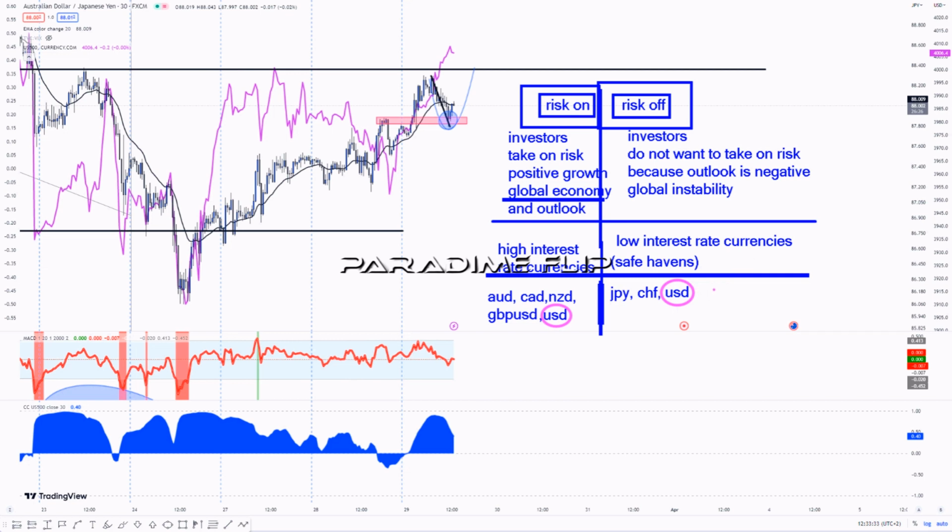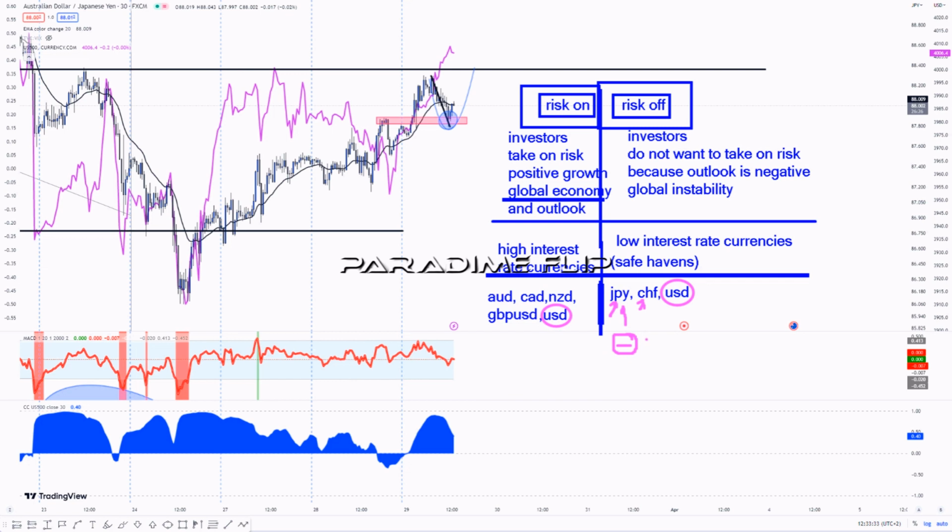Now, what you typically want to be doing, and just to explain this a bit more: if you look at the interest rate of the Japanese yen and the Swiss franc, these currencies basically have a negative interest rate. Because the interest rate is negative, if you put your money in a Japanese bank or a Swiss franc bank, you will lose money based on whatever the interest rate is.